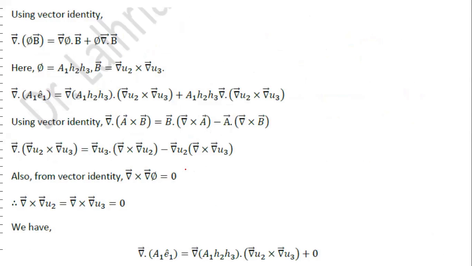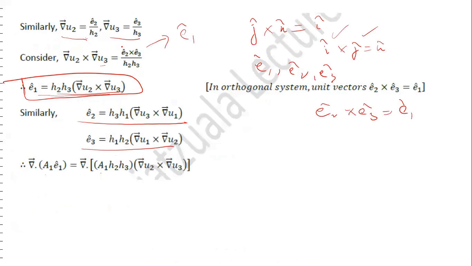the vector identity, I think I've given you as some exercise, this vector identity. If you take the divergence of the product of a scalar quantity and a vector quantity, phi is a scalar, B is a vector, this will result in the gradient of the scalar dot product with the vector plus phi, the scalar quantity, into the divergence of the vector B. So in the above expression, you just consider this as your phi and this as your B vector.